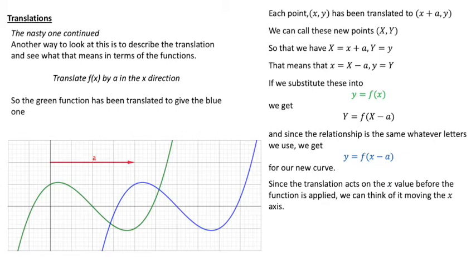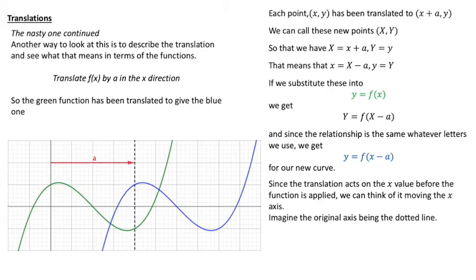Now, another way to think of it is that because the translation is acting on the x value before the function is applied, we can think of it as moving the x-axis. If we imagine the original axis is the dotted line, and the original function is where the blue one is now, we could think of the x minus a as moving the axis by minus a.